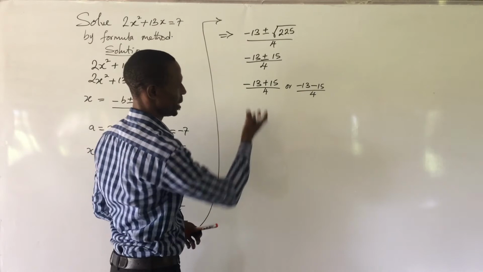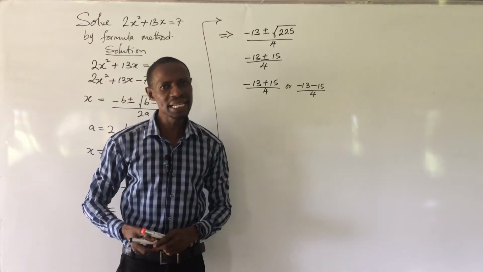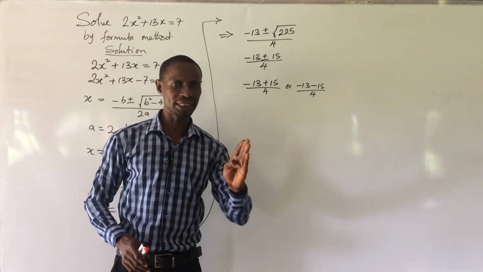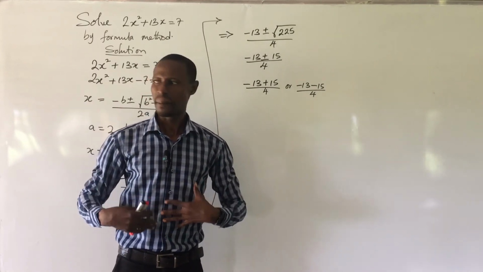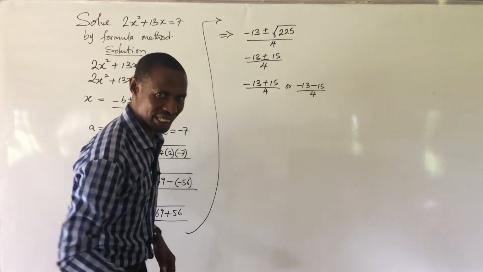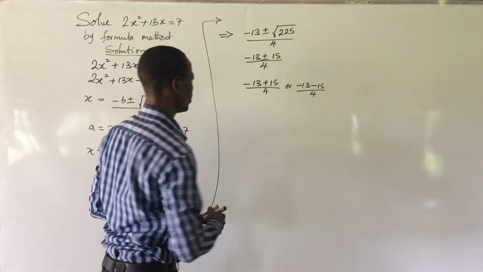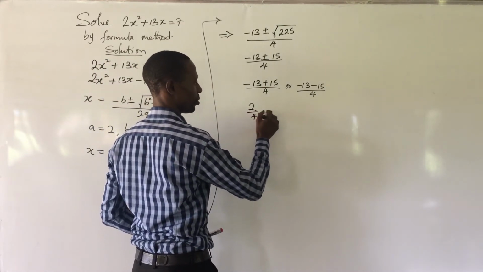We cannot go ahead to simplify this. So minus 13 plus 15 means you are owing someone $13 and you have $15 with you. By the time you pay off the $13, you will still have $2 to yourself. So this gives 2 all over 4.